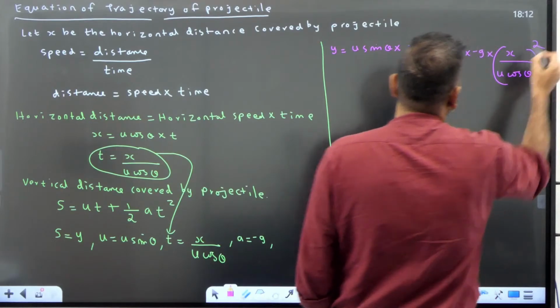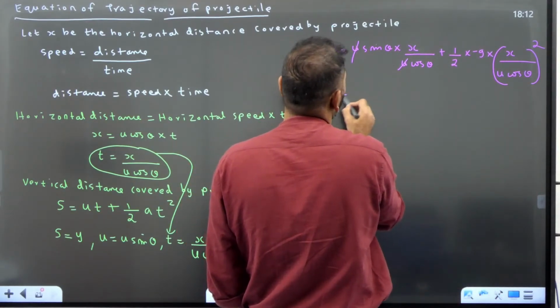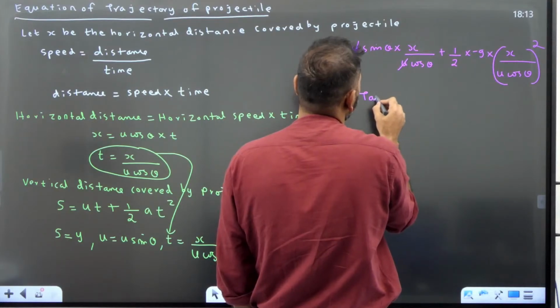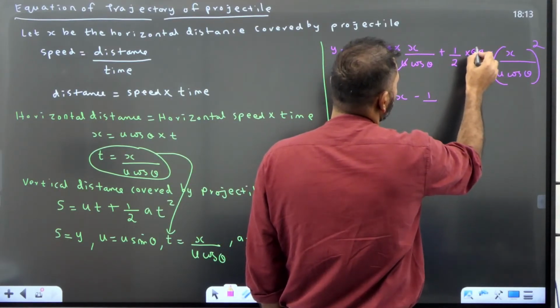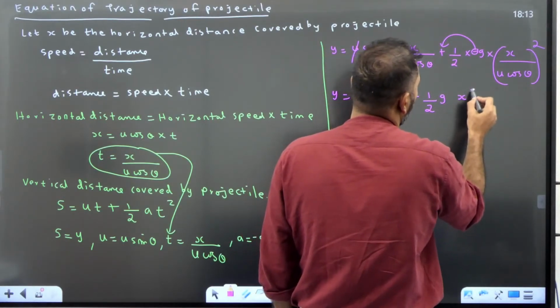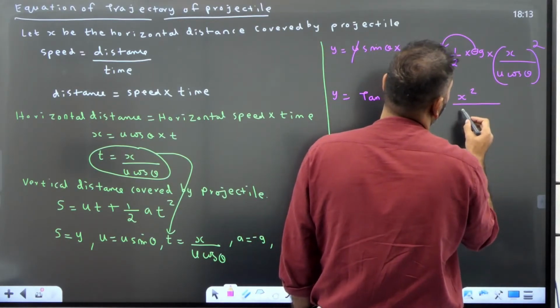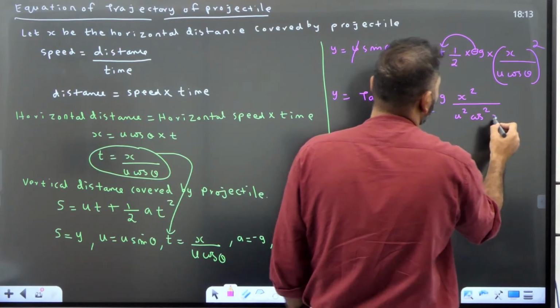See, this is the equation. So U got cancelled. Sin theta by cos theta is what? Tan theta x minus half g x square by U square cos square theta.